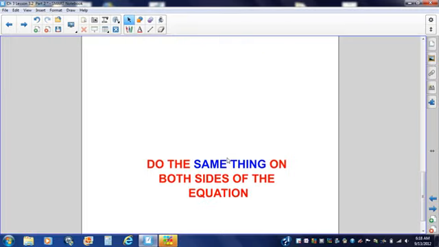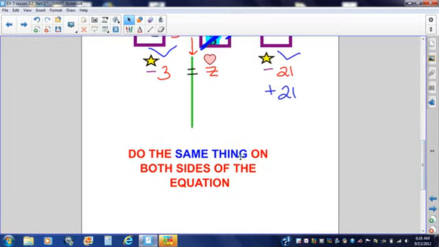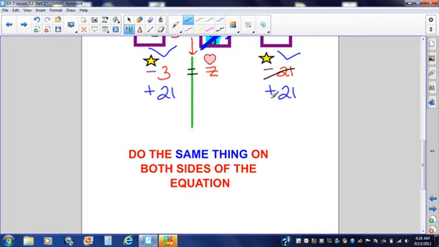Remember, when we're working with equations, you do the same thing on both sides of the equation. So if I put a plus 21 here, I put a plus 21 over here. The fastest, quickest way is that these will cancel each other. If you take your handy dandy calculator and do negative 3 plus 21, bada bing, bada boom, you should get 18.